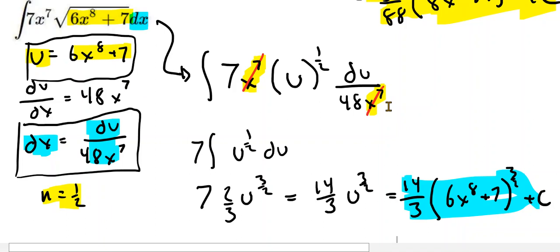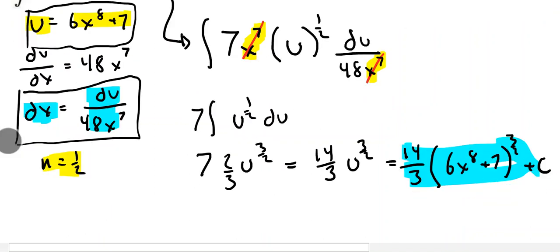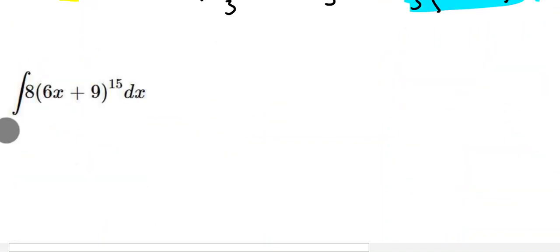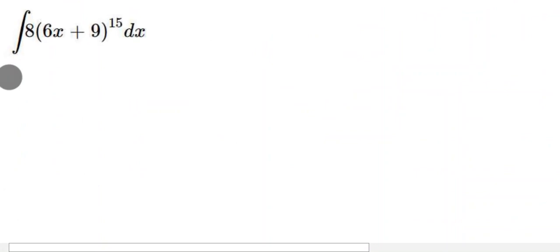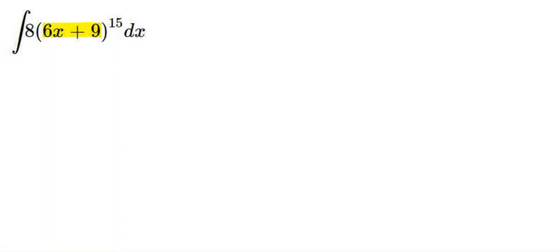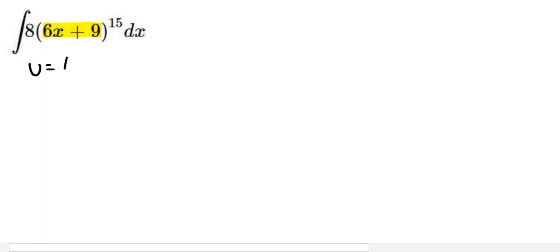Okay, let's do one more problem for this video. Here we have a composite function. We have a function inside parentheses raised to a power. So u is 6x plus 9.